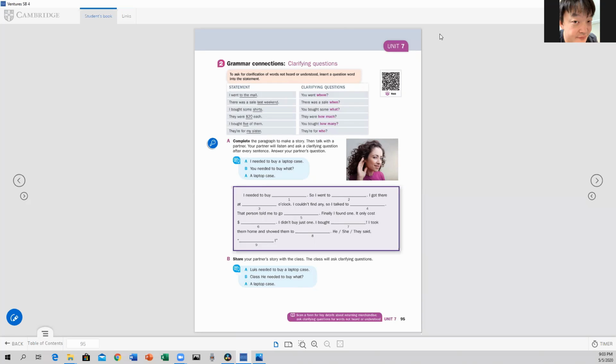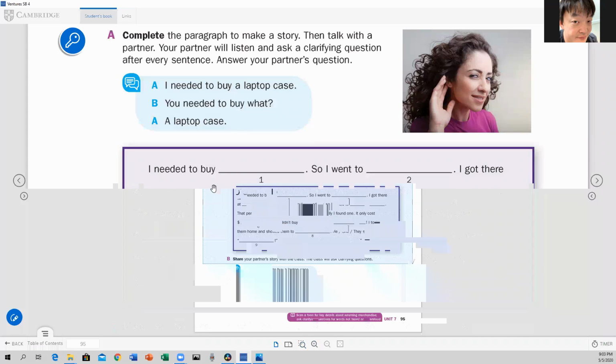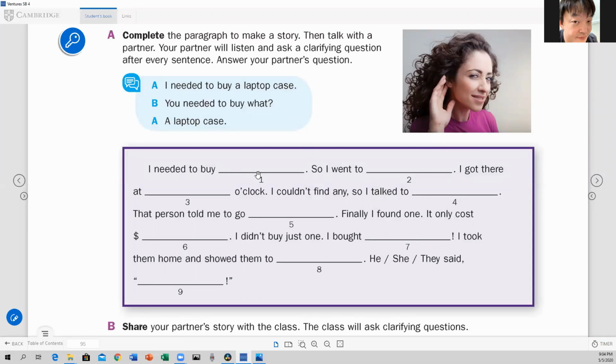So still in your student book, page 95, let's go to exercise A. I know that you have to work with a partner, but since we don't have a partner, you just follow my example and you can do something similar. The important thing is not the answer, but the clarifying question.